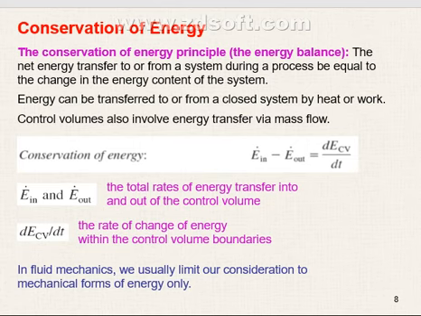So E dot in and E dot out are like the total rates of energy transfer, in to or out of the control system, right? When we have anything over time, it describes the rate of a change. But if we don't include time, it describes the amount of a change, not the rate. It's similar to distance and velocity.